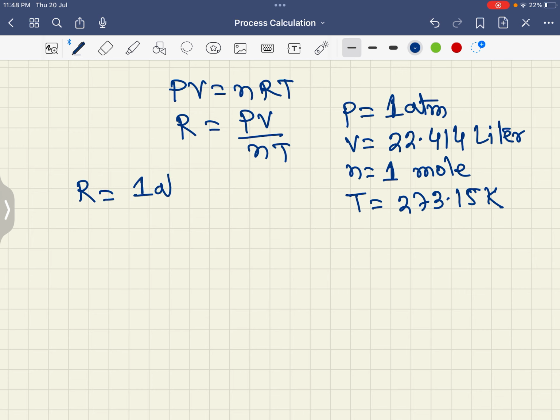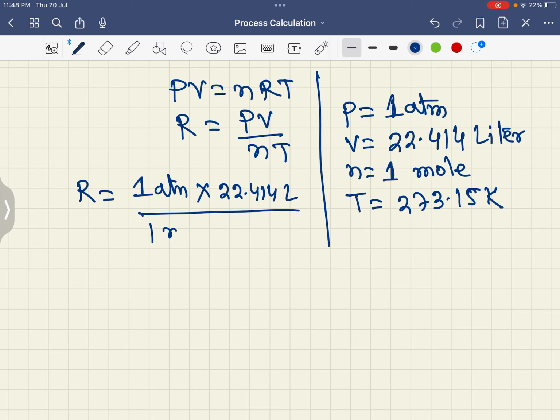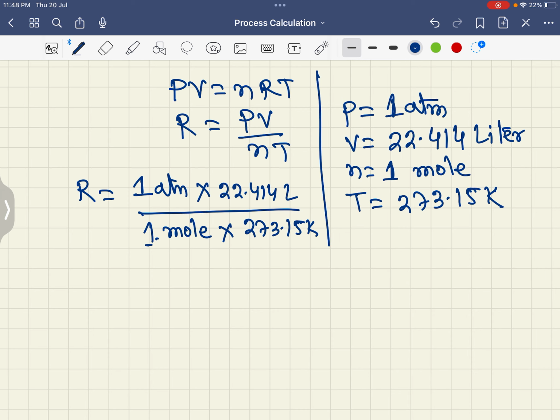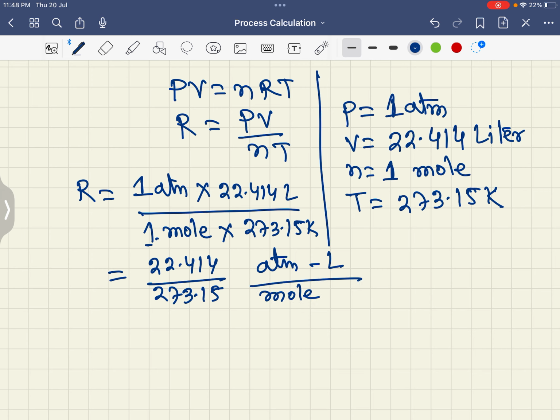Now if we substitute all this, so R will be 1 atm, 22.414 liter by N is equal to 1 mole and T is 273.15 K. Now we'll have 22.414 by 273.15. So unit will be atm, then liter, then mole and Kelvin.